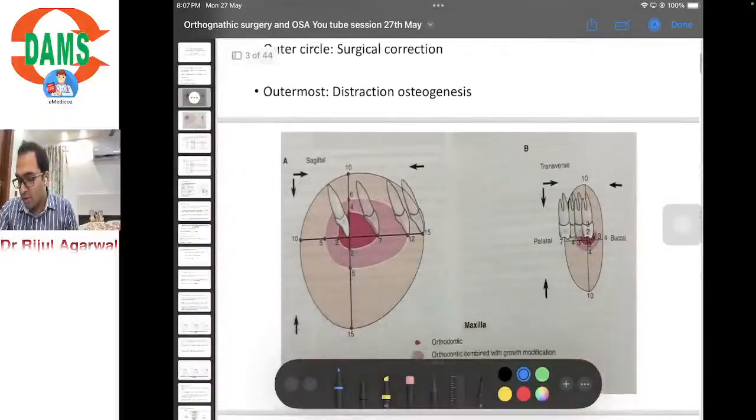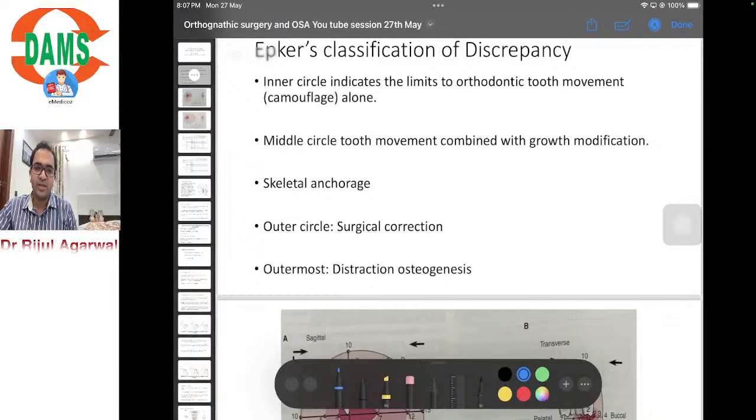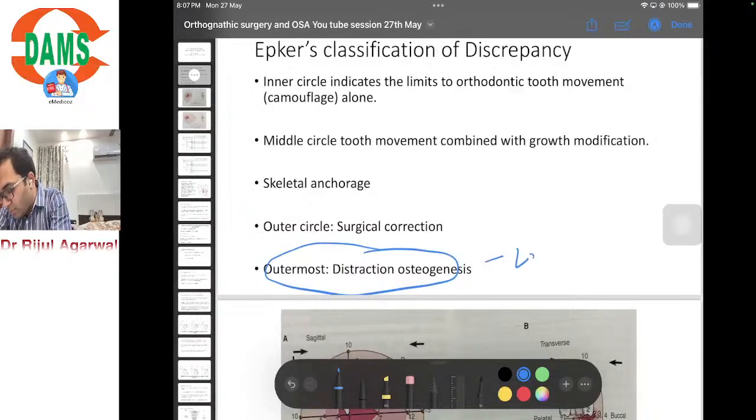So what is it? There are 4 circles: the innermost circle, the middle circle, the outer, and the outermost. This outermost circle concept is the latest one. So what are these circles?